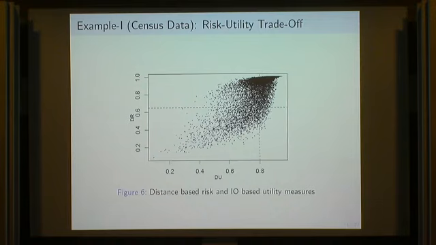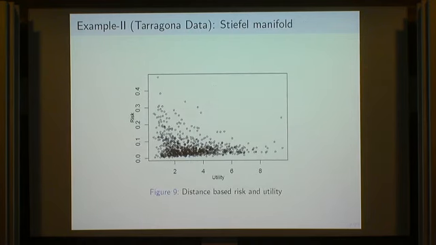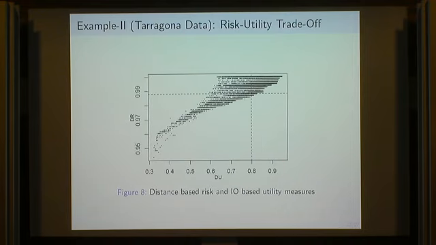But if we generate data from the Stiefel manifold, this becomes much worse. And here, for the Tarragona data set, if we generate data from the Stiefel manifold, this is not bad. But if we generate data from Slutsky's theorem and eigenvalue decomposition, then the risk measure is very, very high.